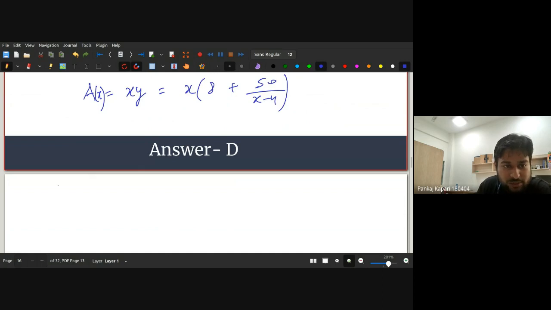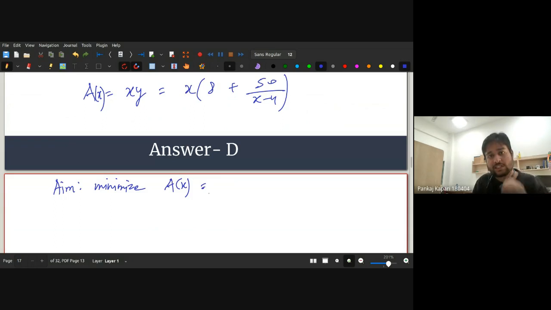So what is my aim? Aim was, again, the same thing: minimize the function A of x. And what is this function? Let's take the product. It is 8x plus 50 times x divided by x minus 4.